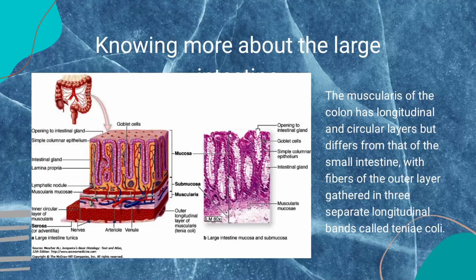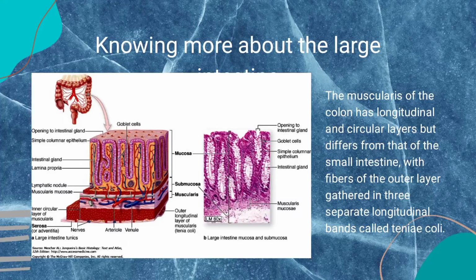Now, take a look at the figures shown on your screen and be familiarized with them. The first figure, on the left side of your screen, shows the large intestine wall. This diagram shows the wall of the large intestine composed of the 4 typical layers. The submucosa is well vascularized. The muscularis has a typical inner circular layer, but the outer longitudinal muscle is only present in 3 equally spaced bands, the taeniae coli.